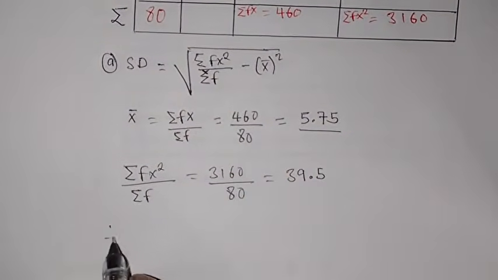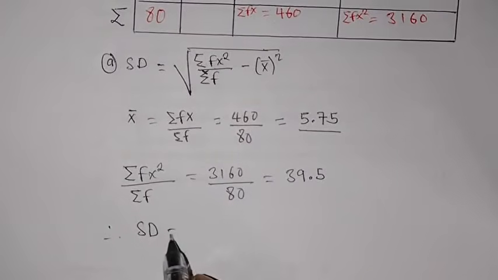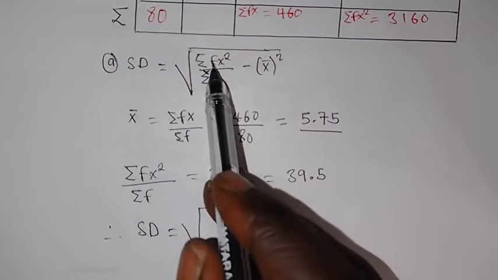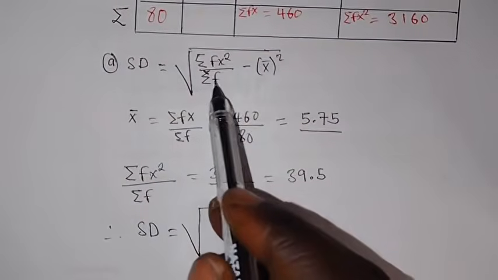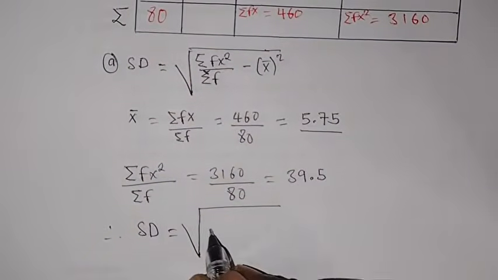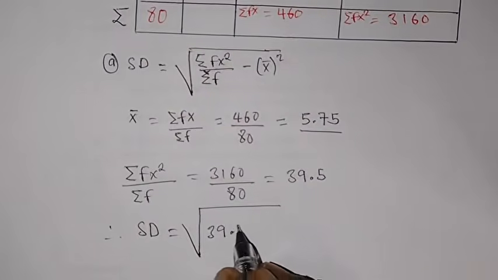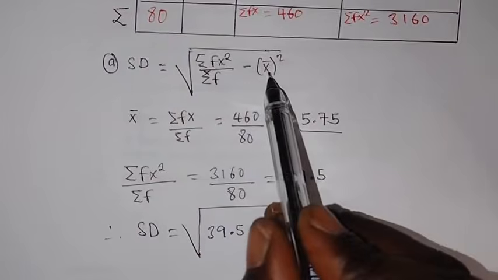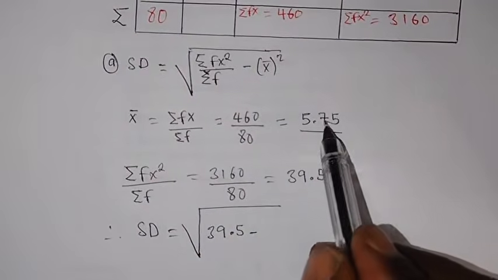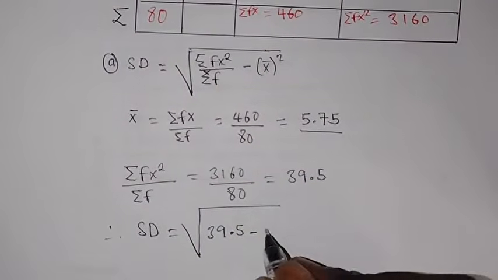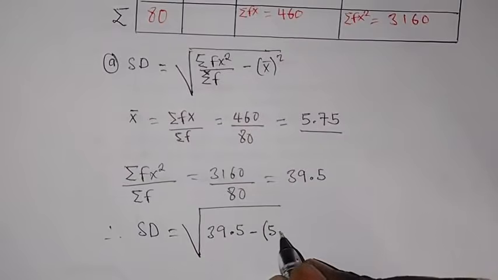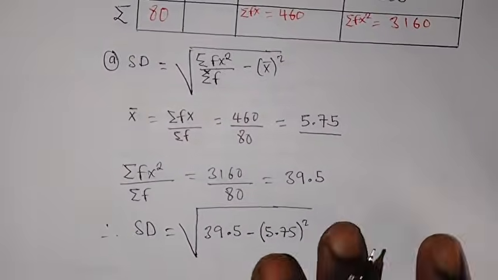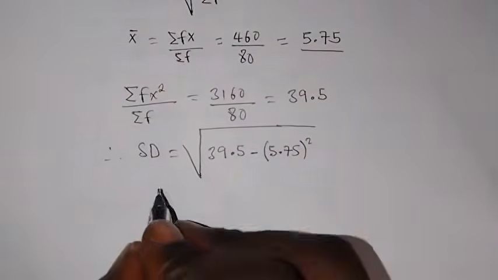So now we say, therefore, standard deviation is equal to the square root of summation of fx squared over summation of f, which is this one, 39.5, minus the mean. So the mean is 5.75. Now this mean is squared. So here we are going to have 5.75 squared. Okay, I hope you are following here.